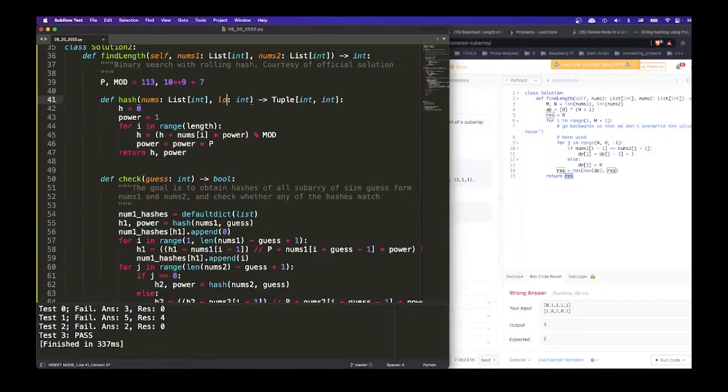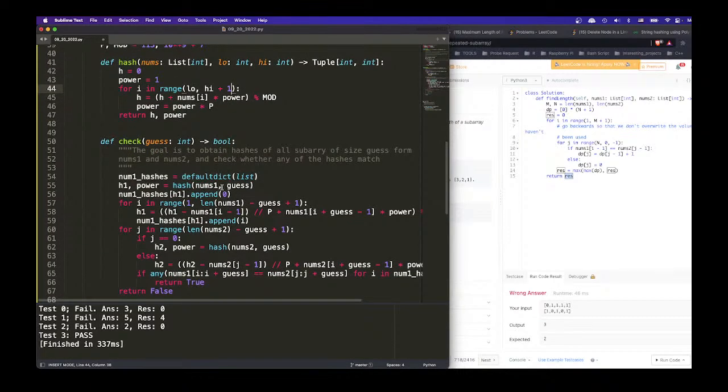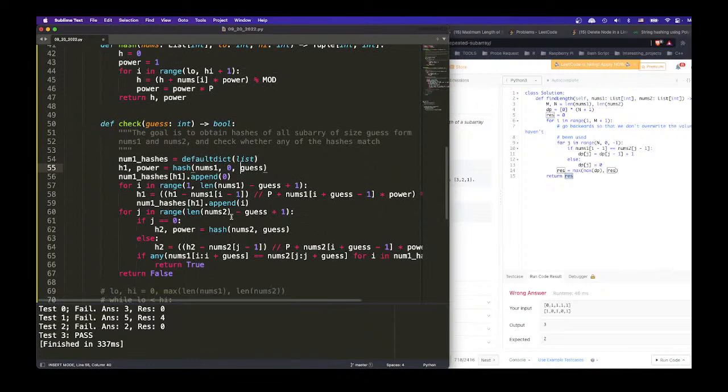Let's say low and high. All right. And say low and high plus 1. All right, that's fine. So every time for the hash, low is 0, high will be guess. It's okay. Low is 0, high is guess.